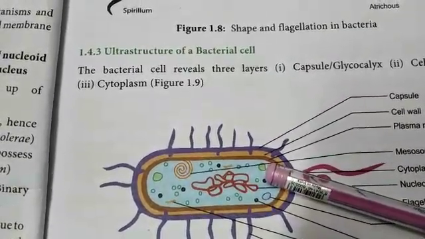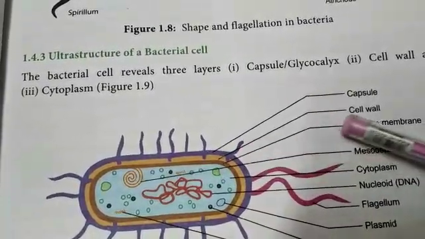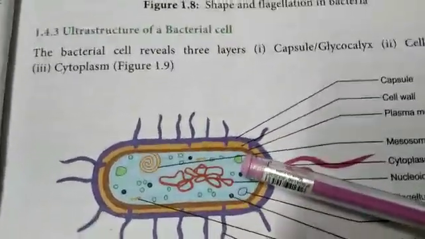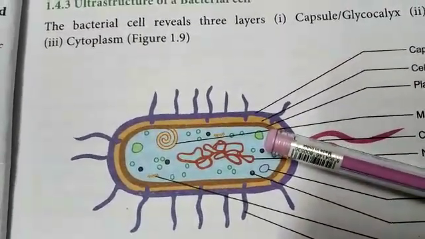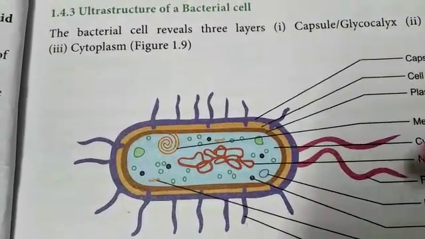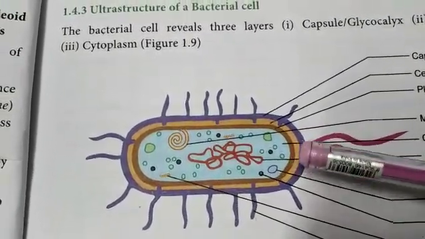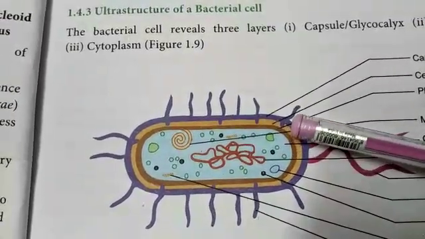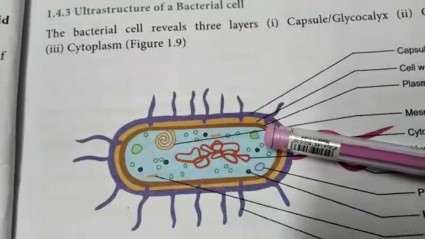The next one is the plasma membrane, shown in dark brown color in this diagram. The plasma membrane is made up of lipoprotein. What is its function? Entry and exit of small molecules and ions is done easily by this membrane.